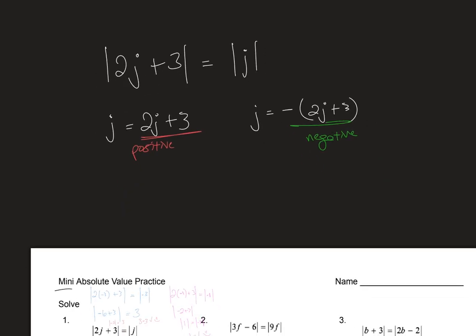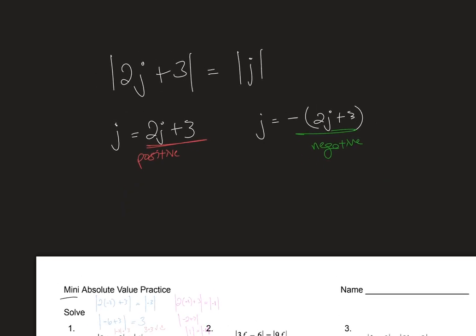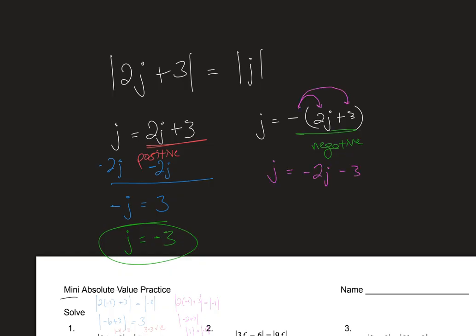Well, let's check it out. I'm going to subtract 2j here, just like I did down there. So minus 2j, and I get negative j equals 3, and then we know that's j equals negative 3. That's one possible answer. The difference mainly is that we have to distribute this negative, and we get j equals negative 2j minus 3.